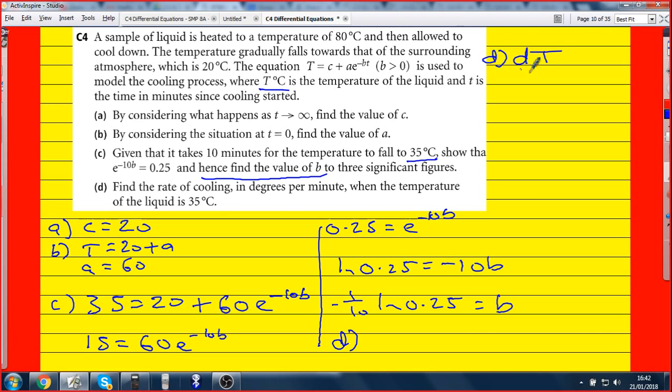Correct. This would be like saying find the gradient of the line when x equals 35. Correct. Yeah.